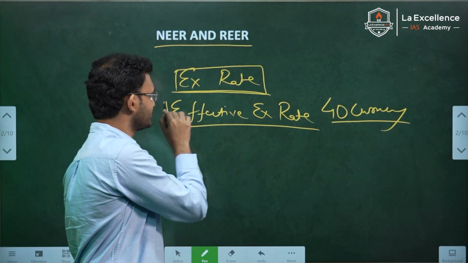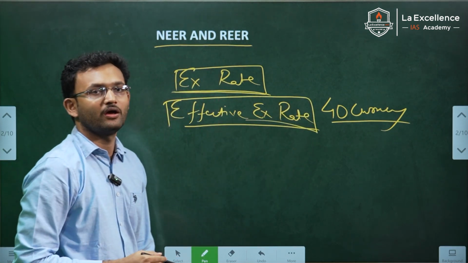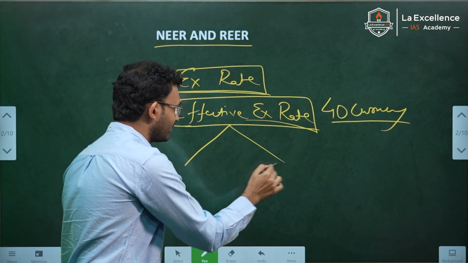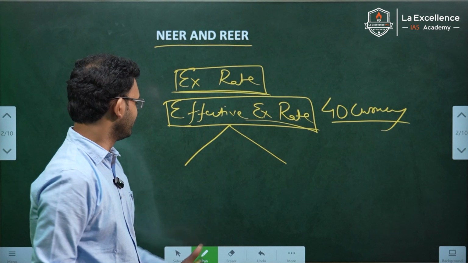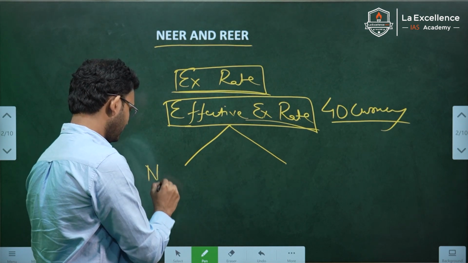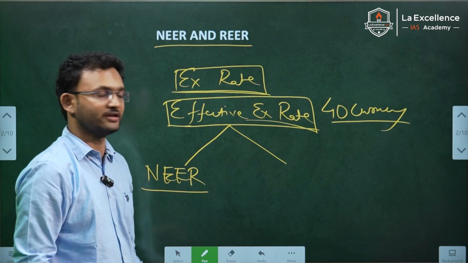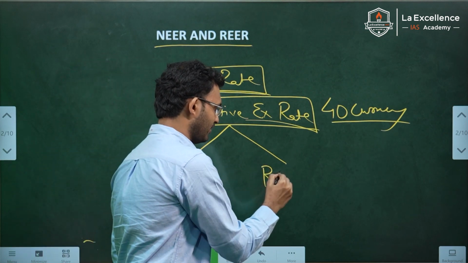So the effective exchange rate is again categorized as two indicators. One is the nominal effective exchange rate, which doesn't factor in inflation, and another is the real effective exchange rate.